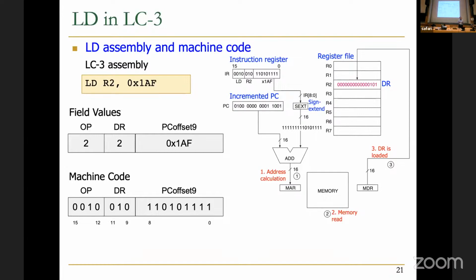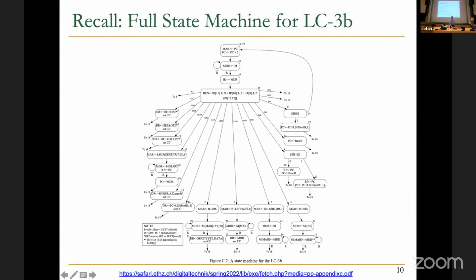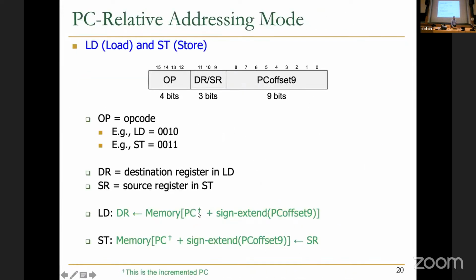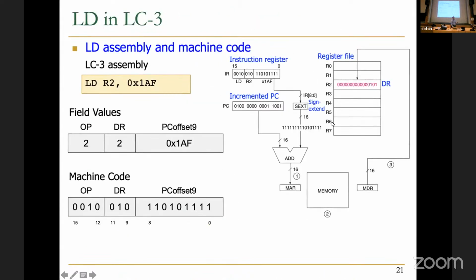Makes sense, right? These are the data path elements that we've seen, but you could construct this data path yourself also. Based on the specification of the load instruction that I showed you earlier, you know exactly what to have. You need PC plus 1, the incremented PC, and the sign-extended offset coming from the instruction register, and then you need the adder, and you connect it to the MAR, and MAR is connected to memory, and memory is connected to MDR, and then MDR should be connected to the register file.